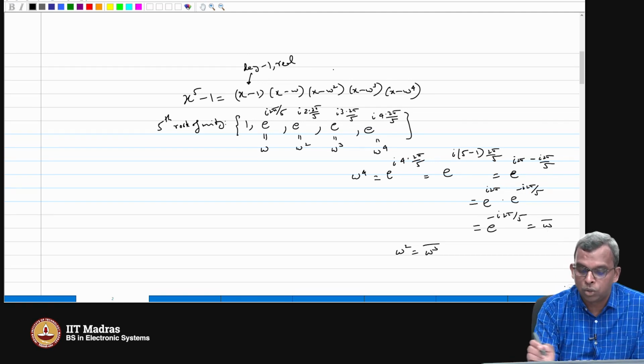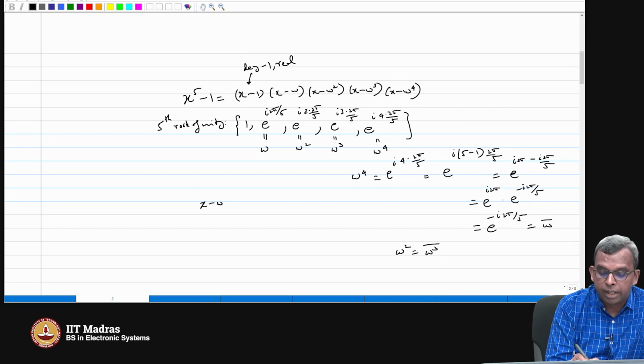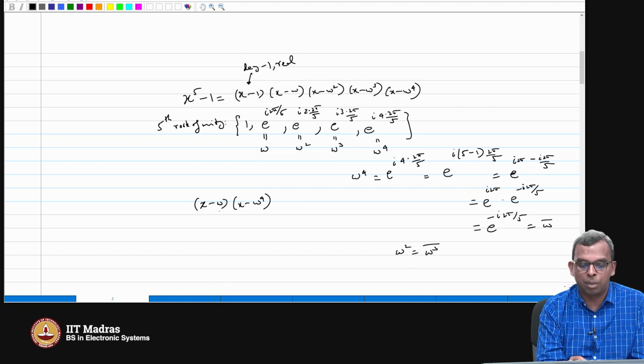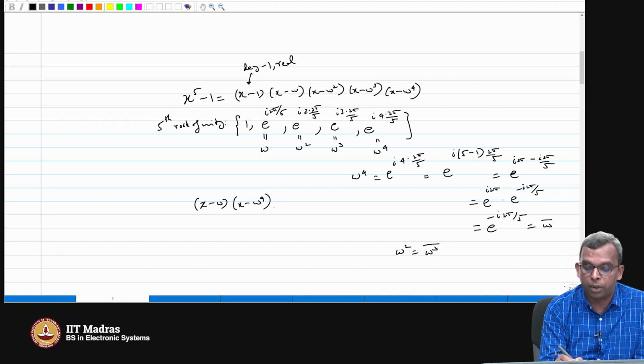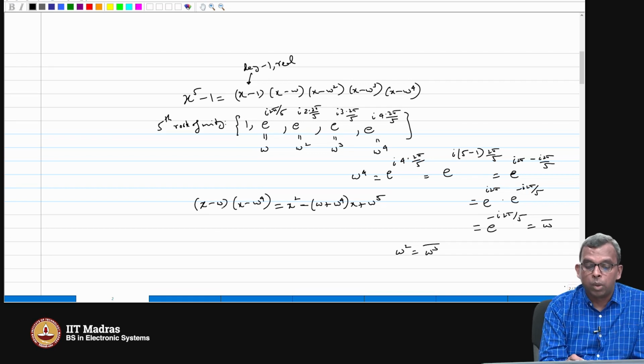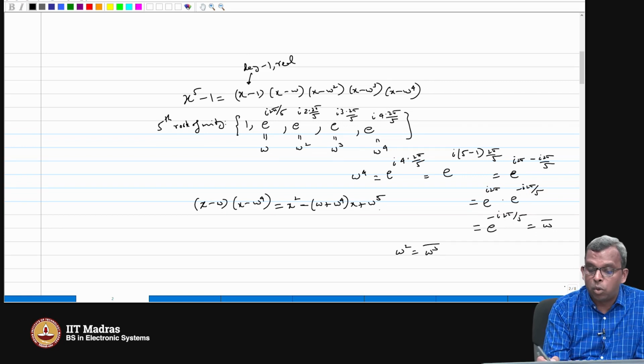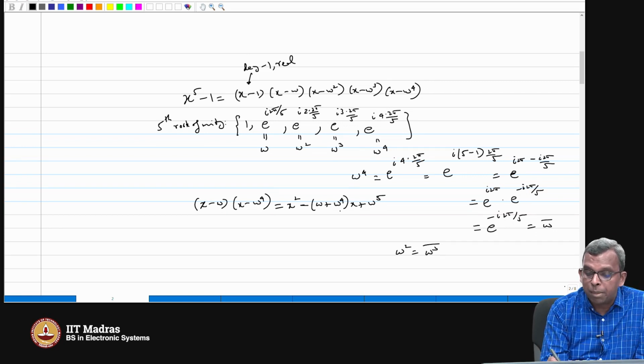So, let us combine those two things. What will happen if I do x minus omega times x minus omega power 4? This is the critical combination here. Multiplying these two together, I will get x squared minus omega plus omega power 4 into x plus omega power 5. Check that out. Now, omega power 5 is 1. What is omega plus omega power 4?